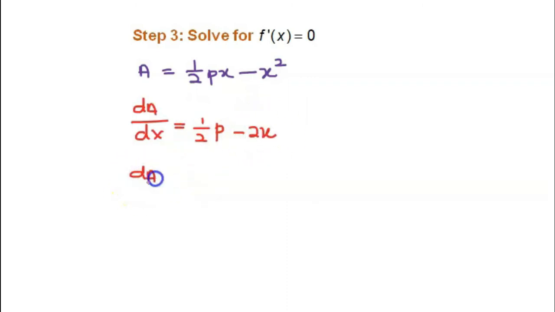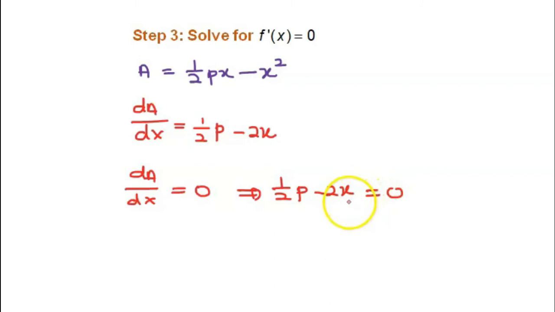Equating dA over dx to 0 will give us 1/2 (P minus 2x) equal to 0. Here again, remember, the variable is x. So solving for x, 2x equals P, and simplifying further, x will be 1/4 P.